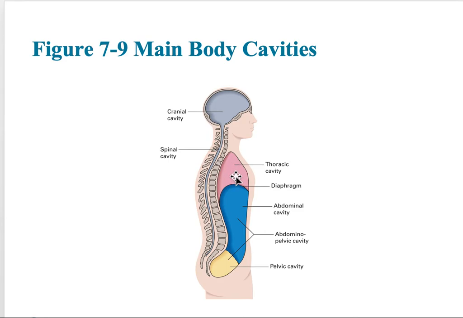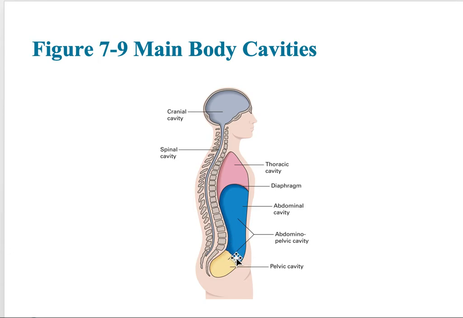Thoracic cavity, which houses the lungs, the heart and great vessels, and part of the esophagus. Diaphragm delineates the upper thoracic cage from the abdominal cavity. The abdominal cavity houses all the internal organs such as the stomach, pancreas, liver, gallbladder, spleen, small intestines, large intestines, and in the posterior aspect of this abdominal cavity is the retroperitoneal space, where we house the kidneys and the ureters.